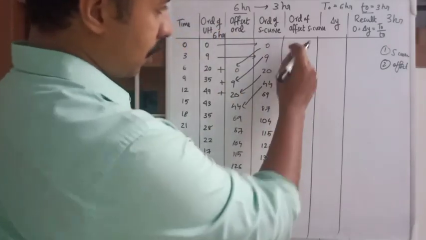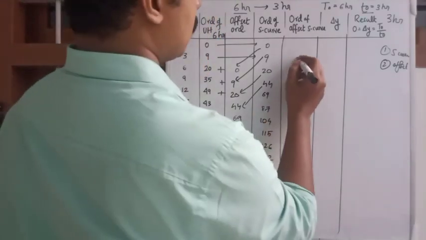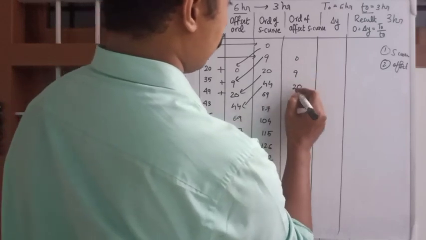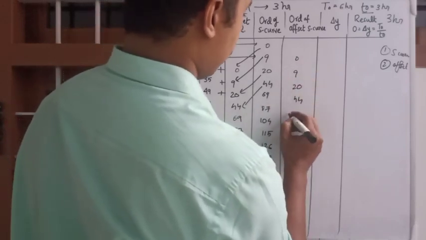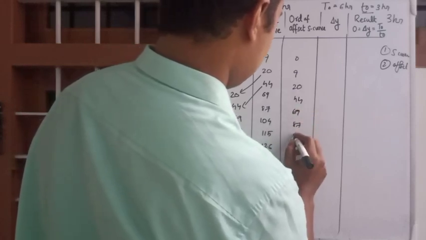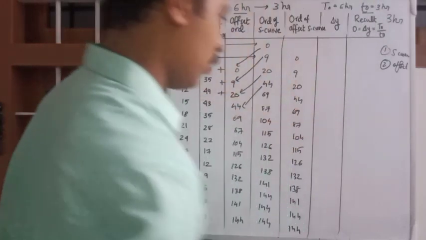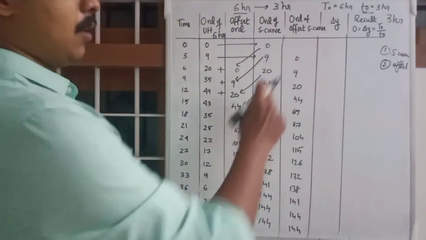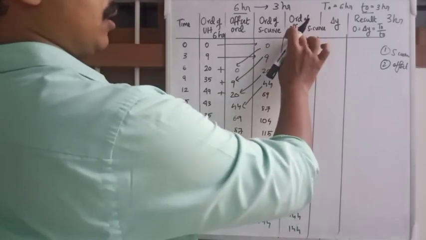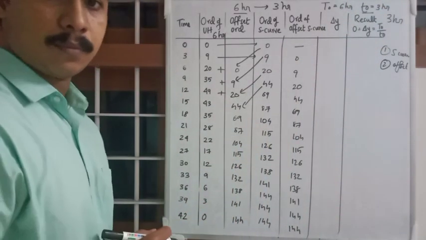The same values we are offsetting by 1 row: 0, 9, 20, 44, 69, 87, 104 and 144. Offset by 1 row because 1 row means 3 hours, smaller t0.